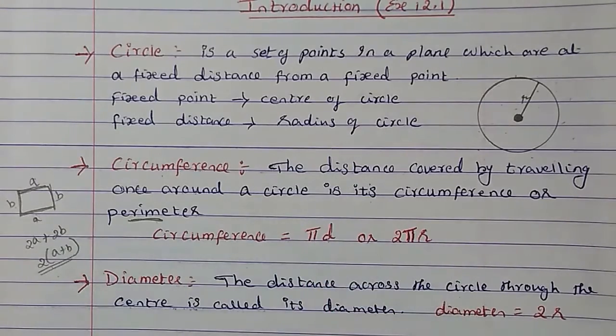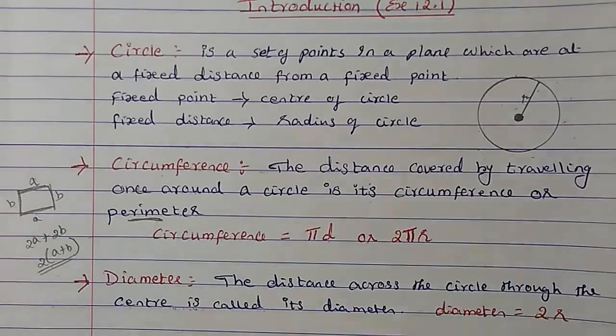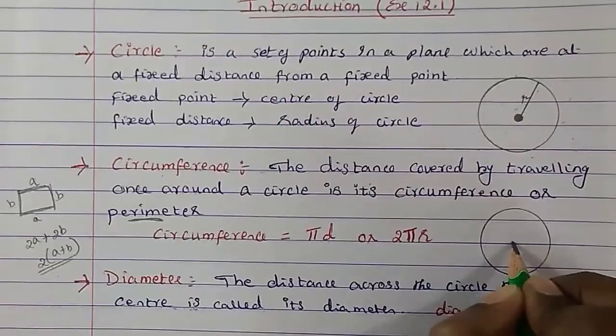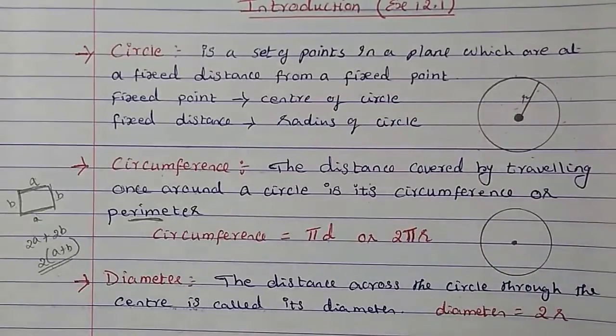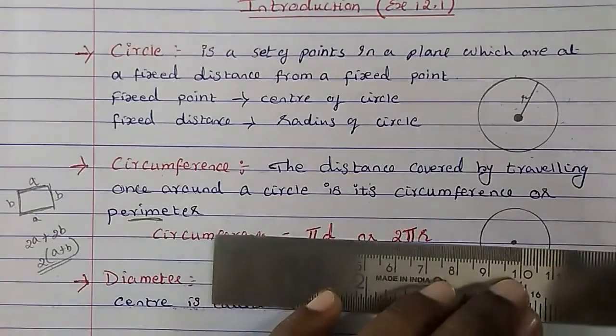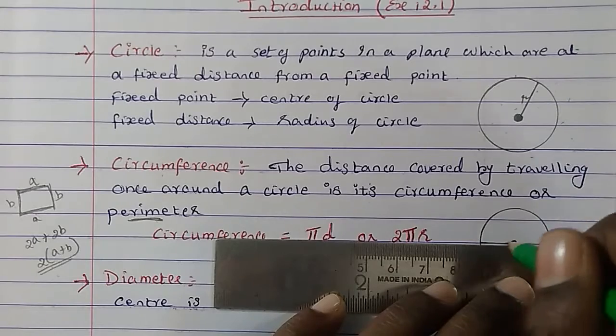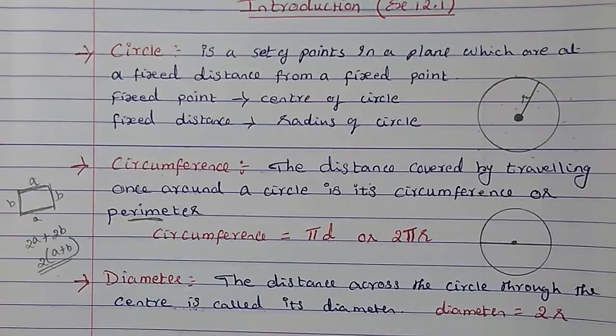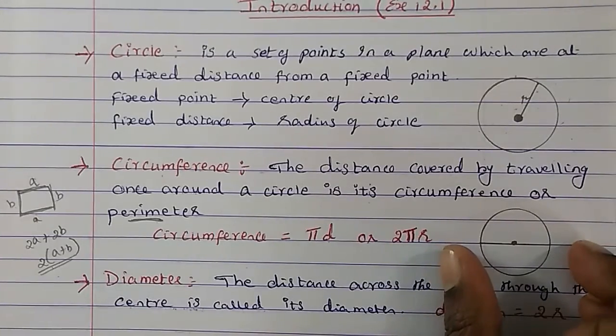So what is a diameter actually? This is, for example, a circle, and this is your fixed point, the center. The diameter means a line from the center passing through, it should pass through the center. This we call the diameter.